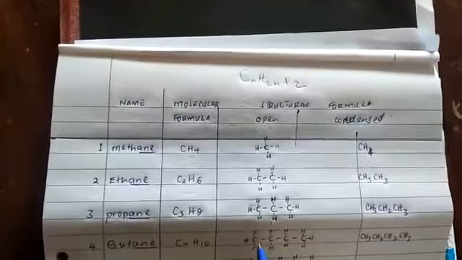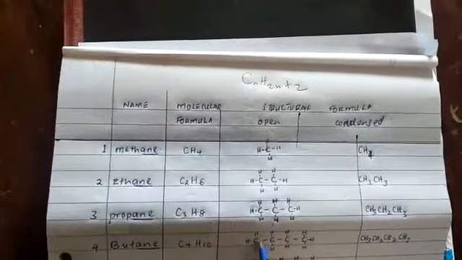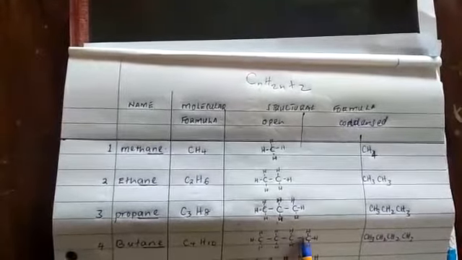The fourth member, called butane, the value of n is 4, so that will be C4. Then hydrogen, 4 times 2 is 8, plus 2, that is 10, so H10. Now the 4 carbon atoms are joined to each other through a single covalent bond. So you can see the 4 carbon atoms, 1, 2, 3, 4, each joined by only one covalent bond.